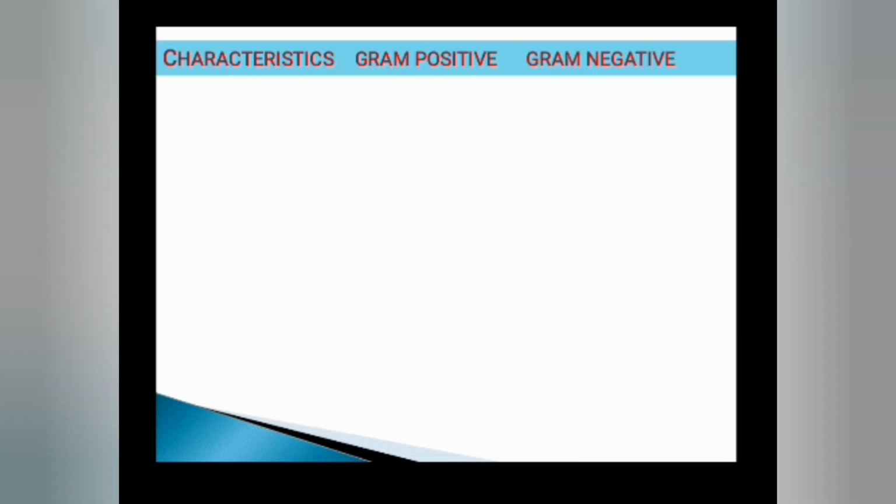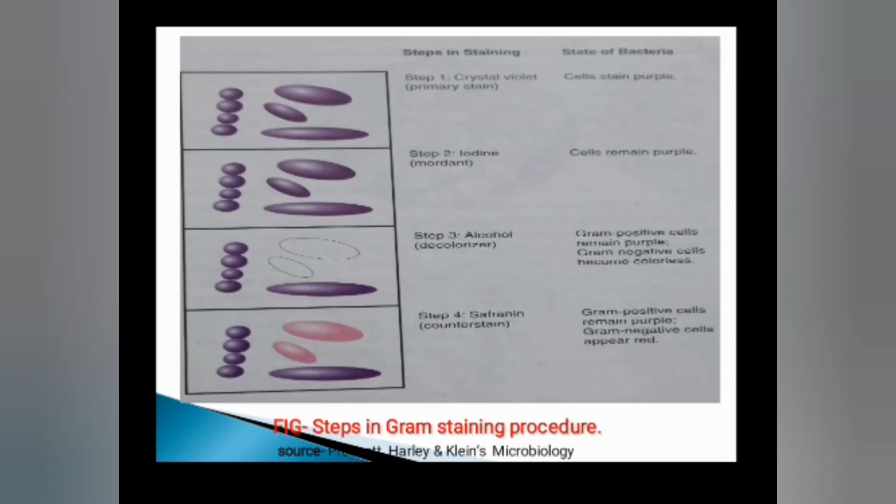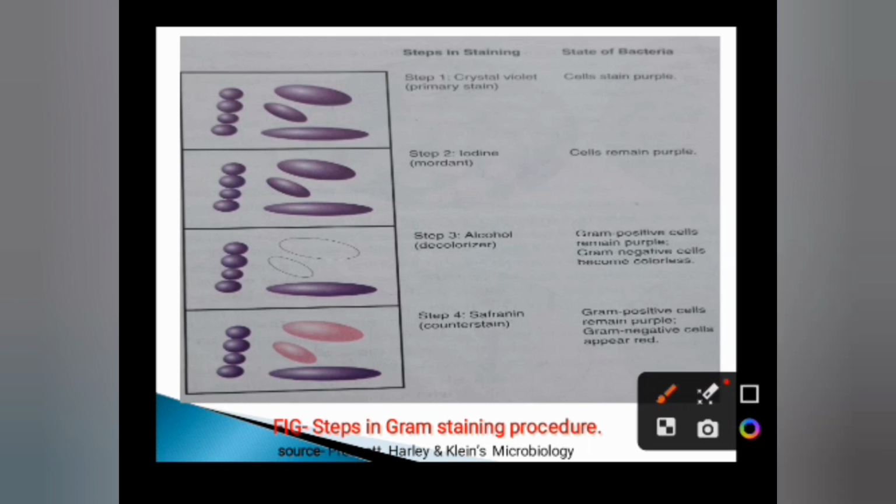The third step is the decolorization procedure, done by the addition of alcohol. During this procedure, the gram-negative bacteria become colorless and the gram-positive cells remain purple, because the alcohol dissolves the lipid content of the outer membrane of gram-negative bacteria, and their outer membrane is dissolved.